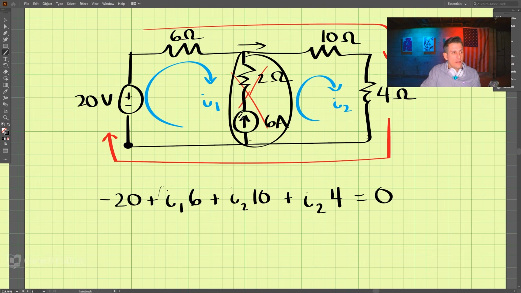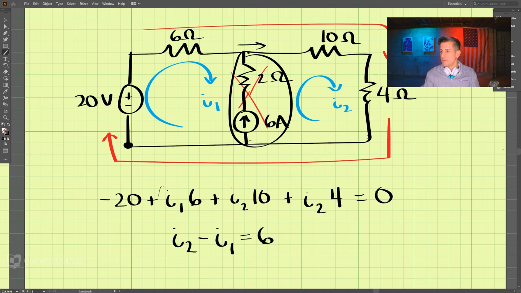We say that I2 minus I1 equals 6, because we know the current here. I2 going this direction minus I1 equals 6. So with these two equations, we can then solve this problem.